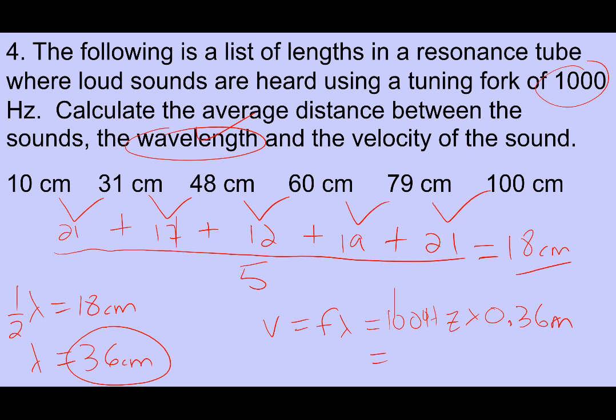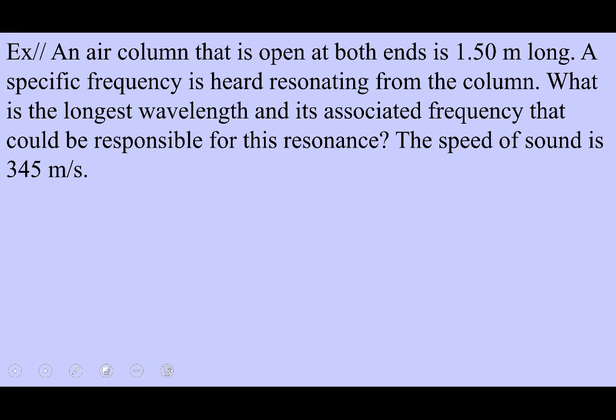So I go 1000 times 0.36. I probably shouldn't have needed a calculator for that. It's 360 meters per second. Often I'll have a part B that says find the temperature of the air in the room. Then we'd have to use our temperature equation, 332 plus 0.6 times T, and that would get it done.